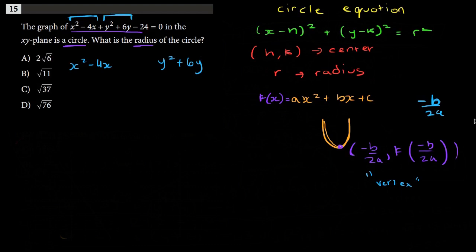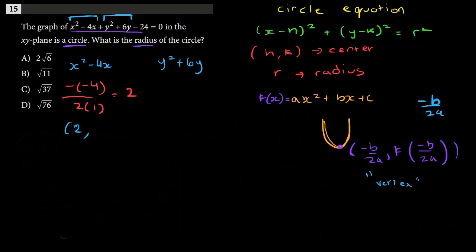If I do that, minus b over 2a for this is going to be minus minus 4 over 2 into 1. There's an imaginary 1 there. And so this is going to give us 2. So the first coordinate of the fake vertex is 2.